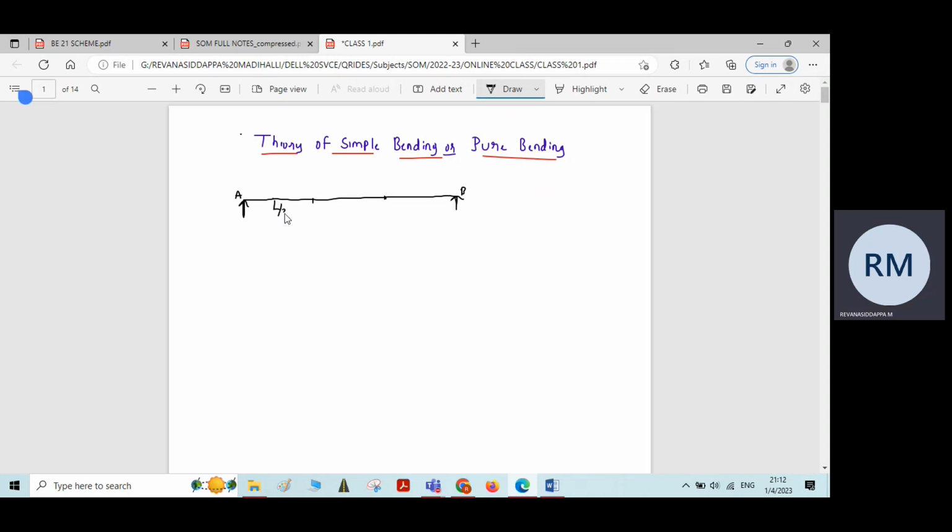Here L by 3, L by 3 and L by 3, if we take L as total length of the beam. Now I'll apply two loads at 1/3 portion of the beam.